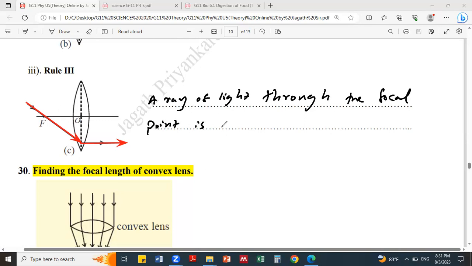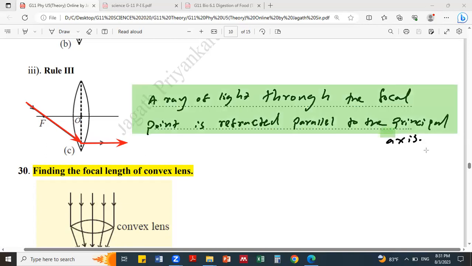Exactly. The ray of light through the focal point is refracted parallel to the principal axis.